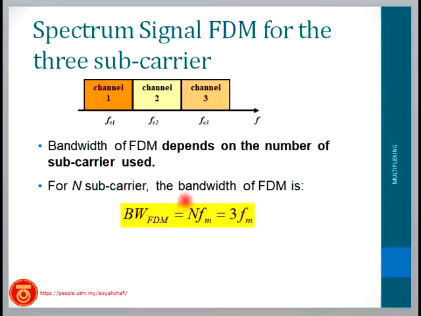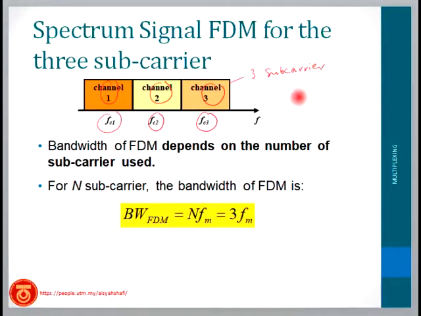The spectrum of the FDM for three subcarriers has FC1, FC2 and FC3, which are referred to as channel 1, channel 2 and channel 3.